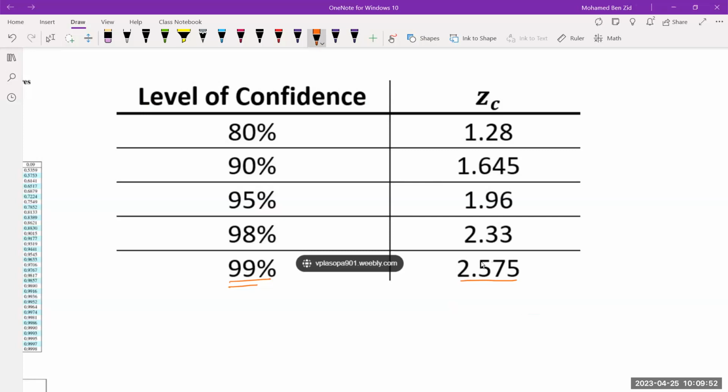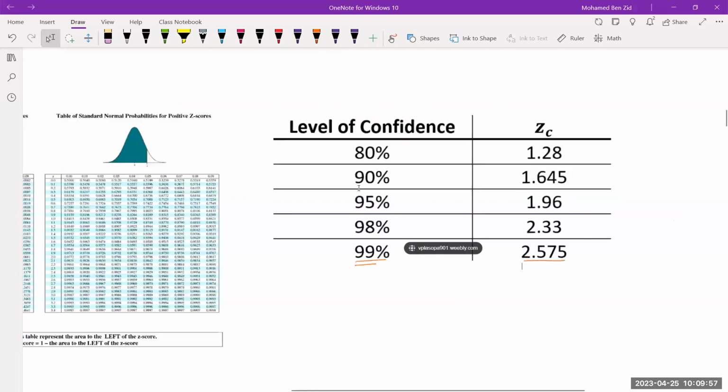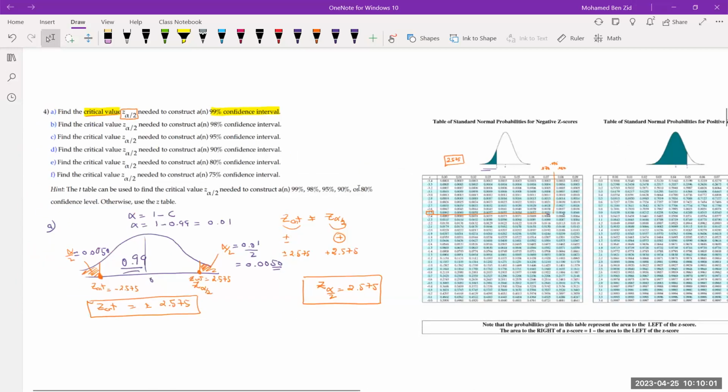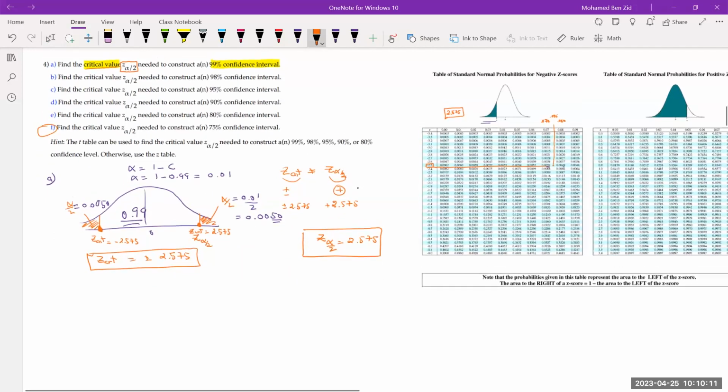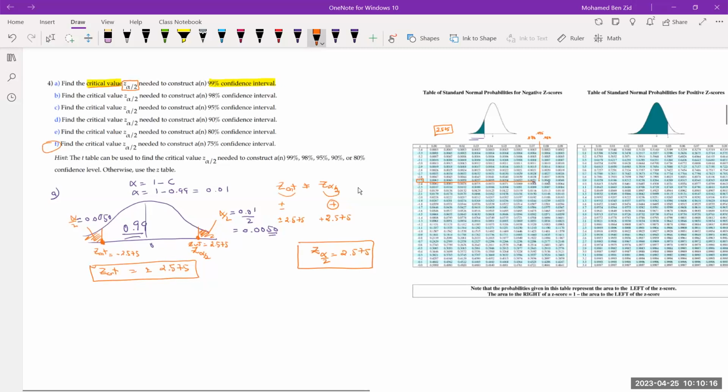So basically here, we solve all the problems by using this formula, by having this table. The only one that is missing is the last one, F. Let's try to do the last one, F. For F, I'm going to do exactly the same thing. So 75%.